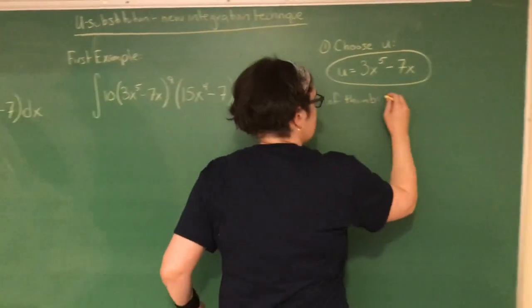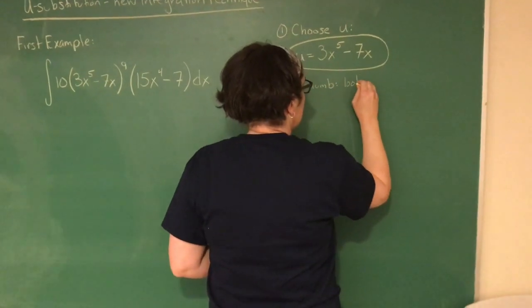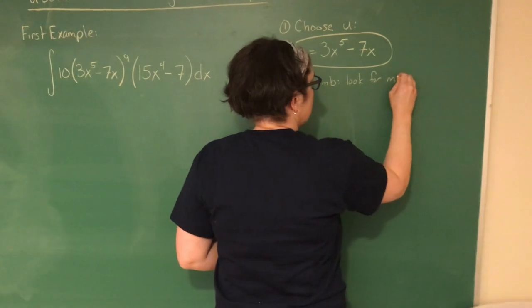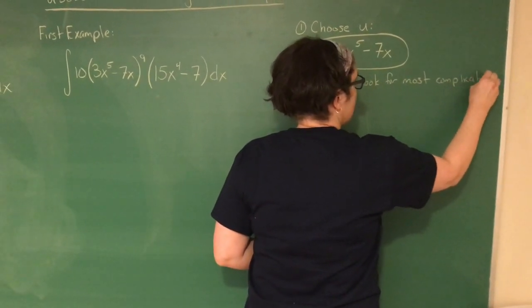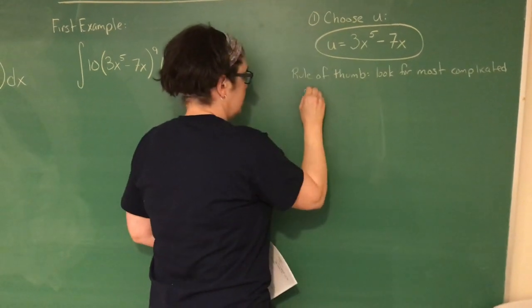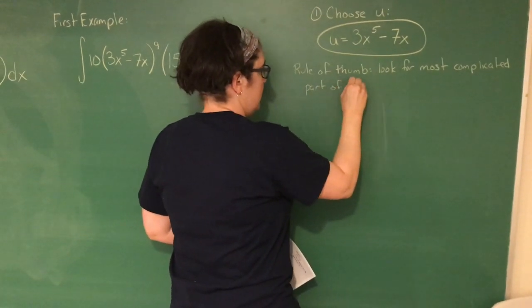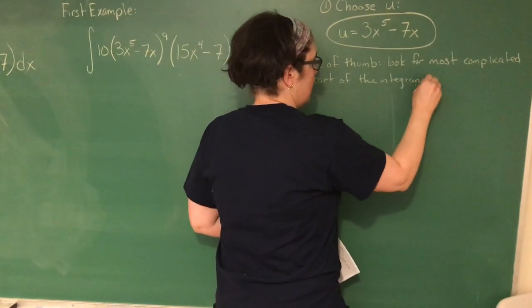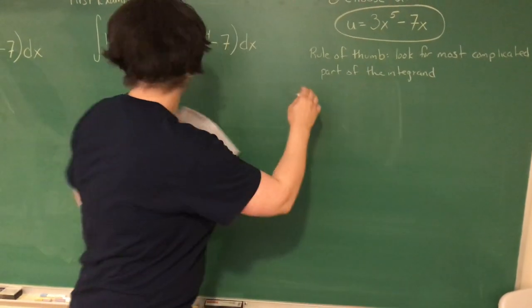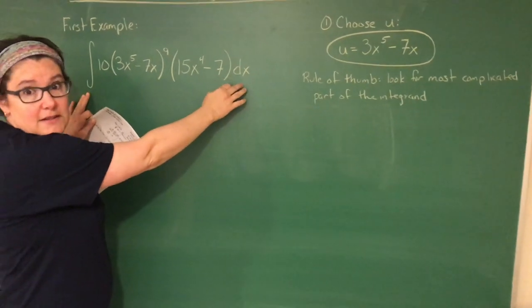So our rule of thumb is to look for the most complicated part of the integrand. Remember, the integrand is the stuff between the integral sign and the dx.